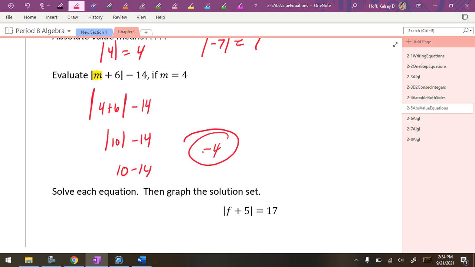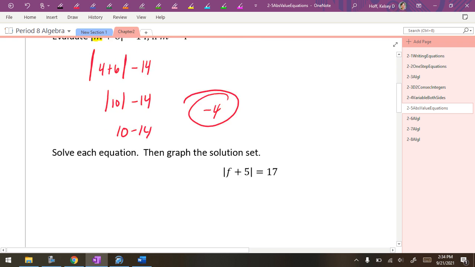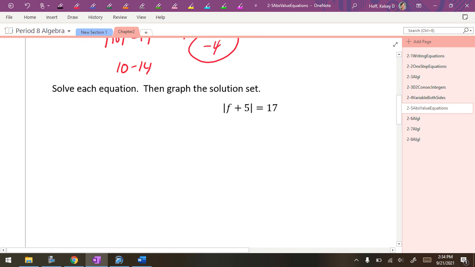The piece with the absolute value is positive, but the operations following it may still result in a negative answer.